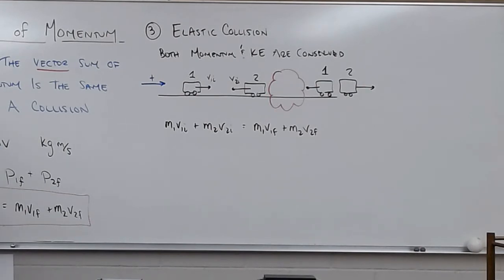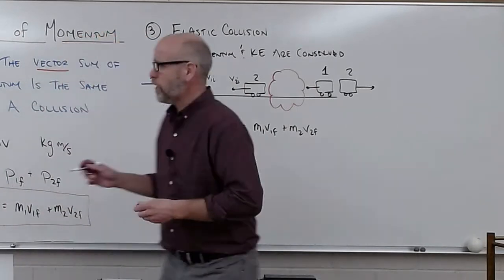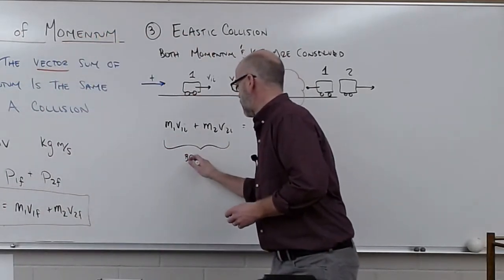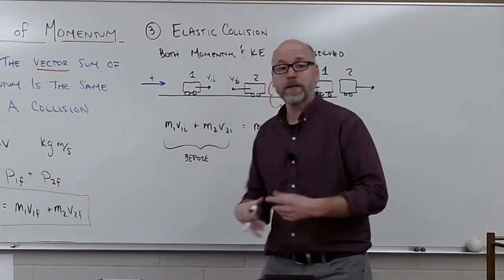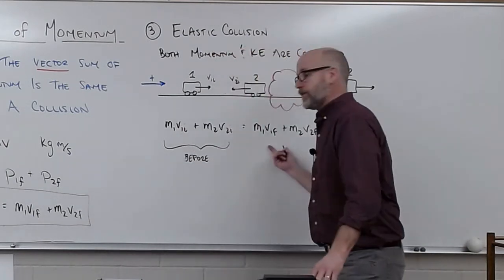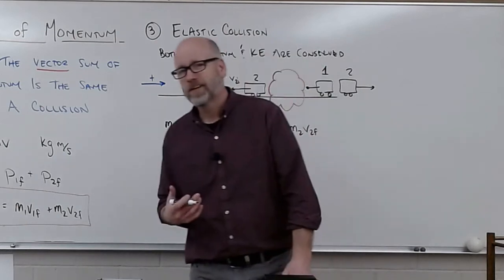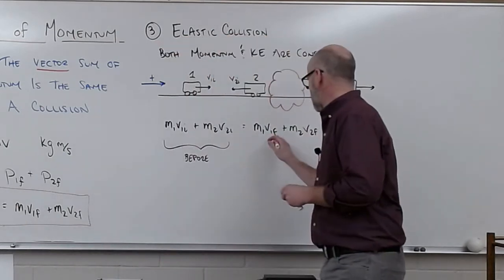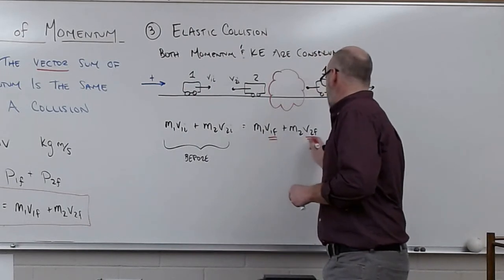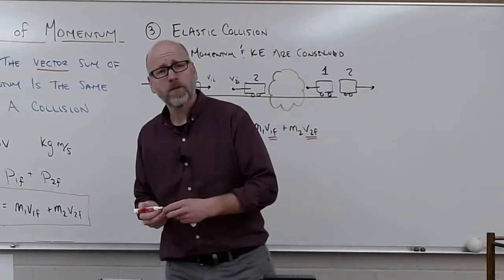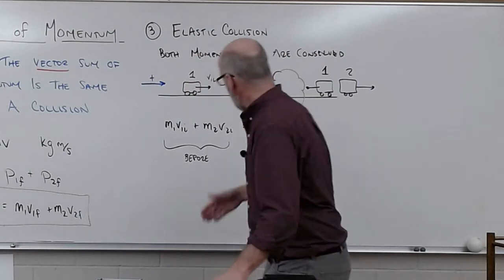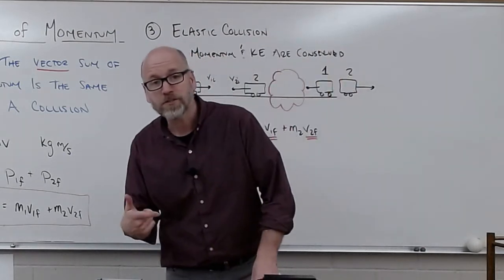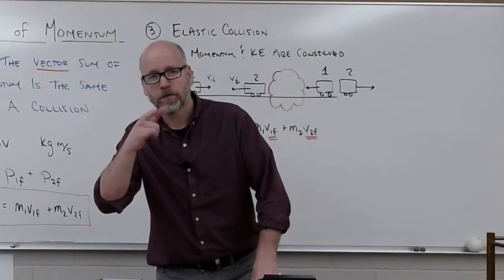Now, the thing about this is if I know the before, you would assume I can calculate the after. And I can. However, I do have two unknowns here, don't I? And if the masses are not exactly equal, well, the math gets a little trickier. However, with two unknowns, if I have another relationship, I can solve it.